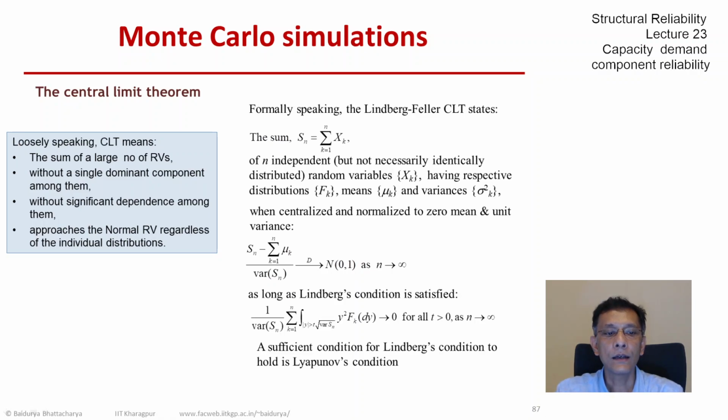So that is what we are going to take advantage of, because our samples in estimating failure probability, samples of the indicator function, are IID, as we have been stressing.